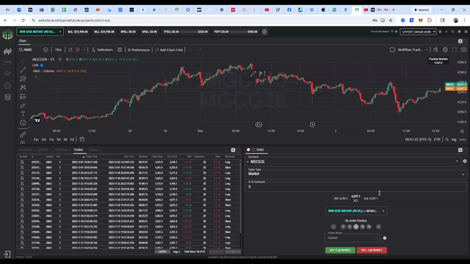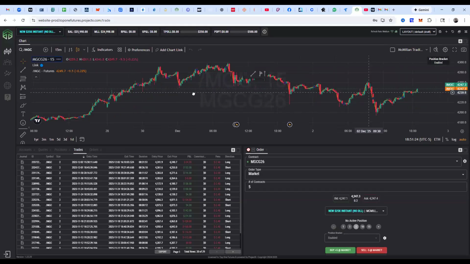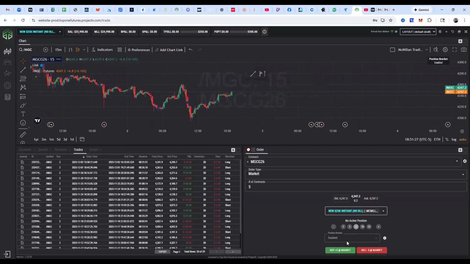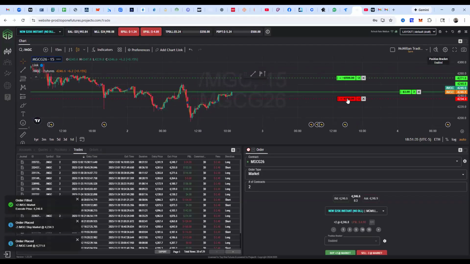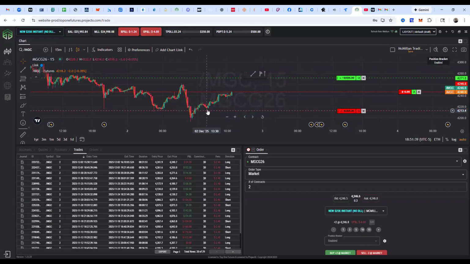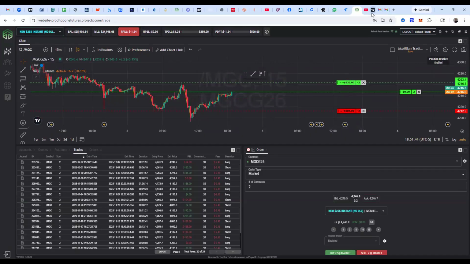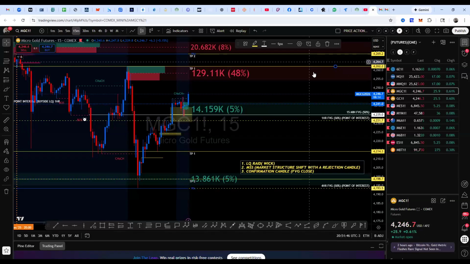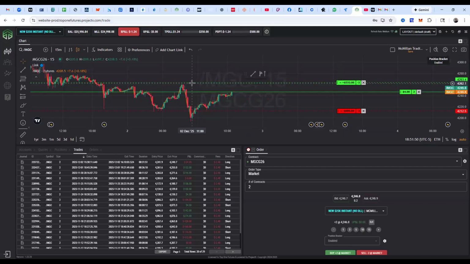Let's go ahead and execute the trade. We'll go ahead and execute it. So I'm going to execute the 25K. Order filled. I'm going to stretch my stop loss here. I believe I'm targeting now, yeah, the TP2 is probably going to be this high.